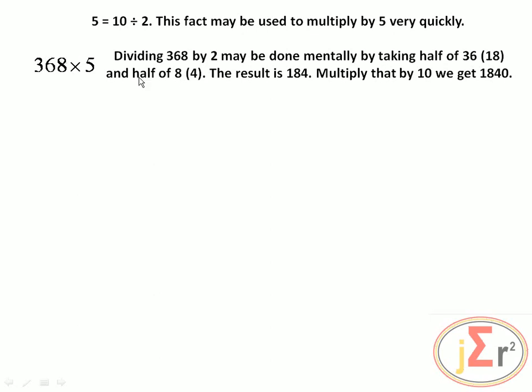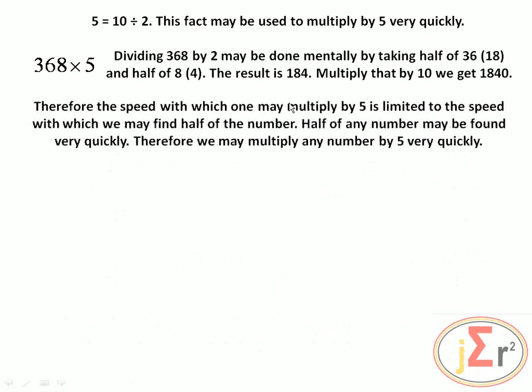Then we multiply that by 10 and we get 1840. So we have 184 when we take half, then we multiply by 10. Therefore, the speed with which one may multiply by 5 is limited to the speed with which we may find half of the number. Half of any number may be found very quickly.